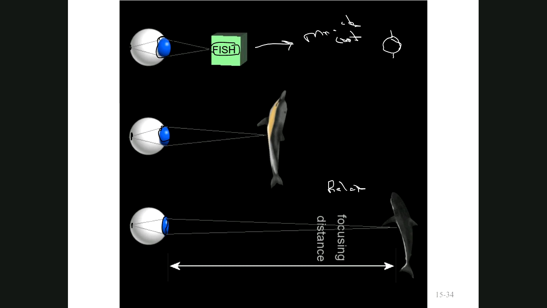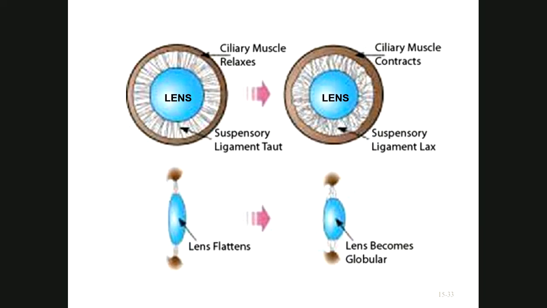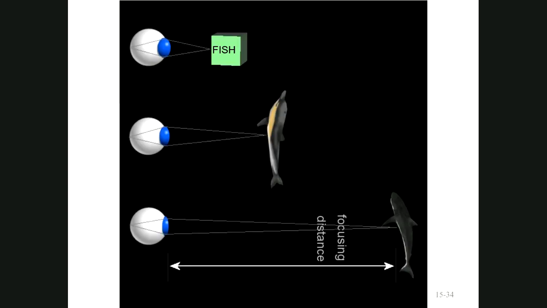And when the muscle gets wider, we're going to increase the tension, and this thing is going to turn into like a pancake. Just like this. So this is for close vision. And this is for far vision.